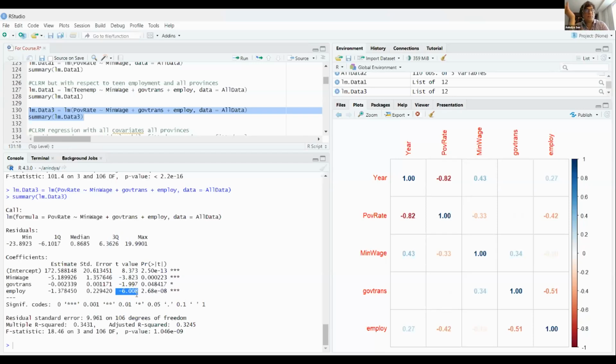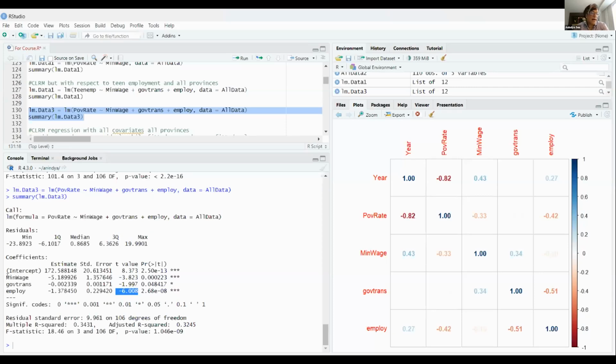yes, when you use minimum wage by itself, you have an effect. But as a researcher, that's not satisfying because we know that independent of the minimum wage, there are other factors which can affect variation in the poverty rate. And so we put in government transfers and the employment rate.